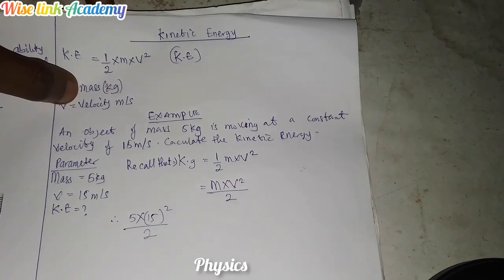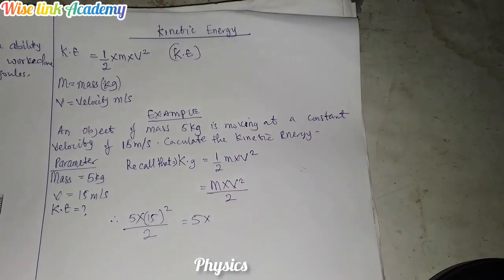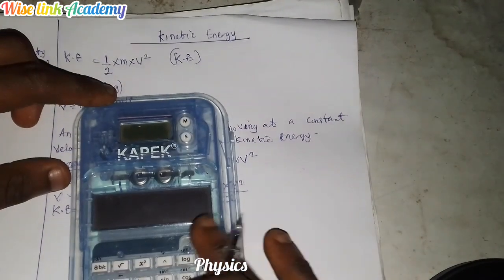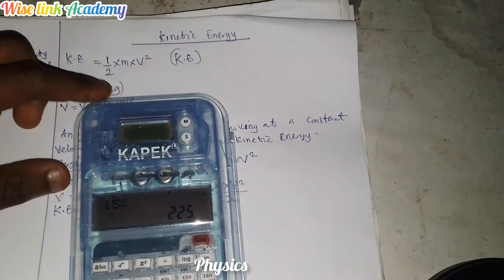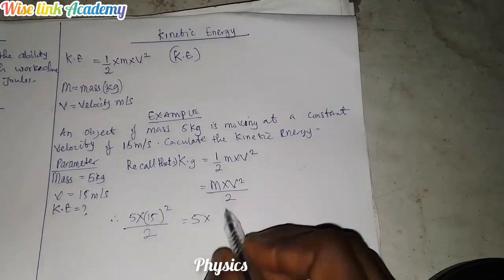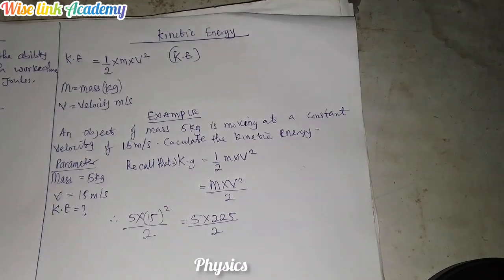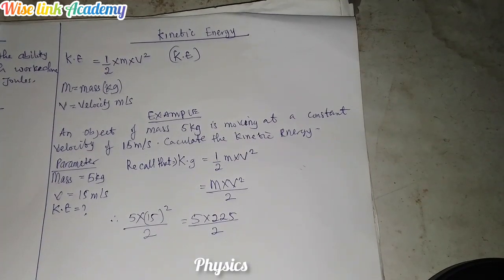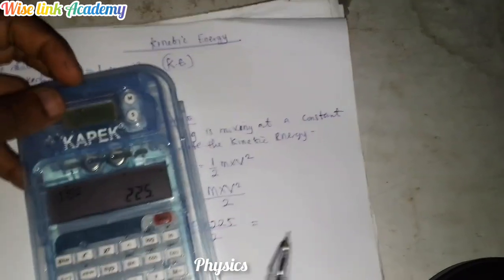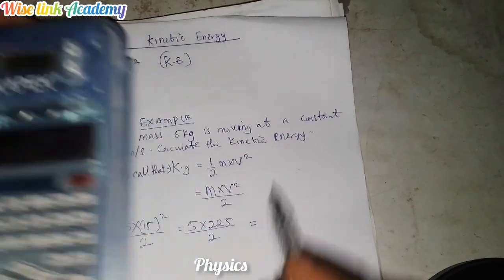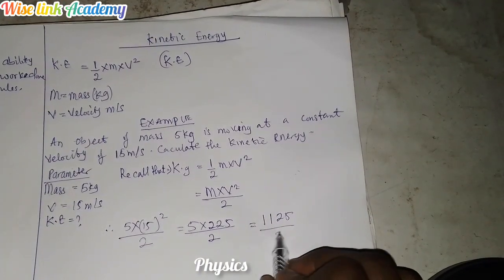Isn't it? If I work on this, 5 times 15 square. 15 square will give us 225. We'll have 225 divided by 2. So if I work on this again, 5 times 225, I will have 1125 divided by 2.